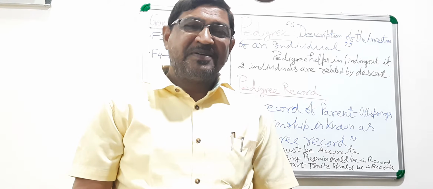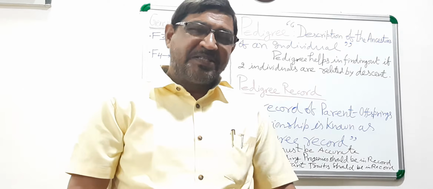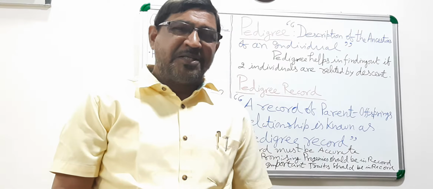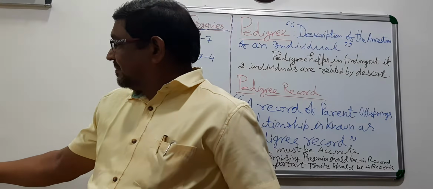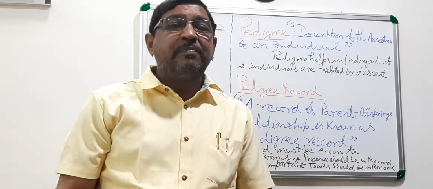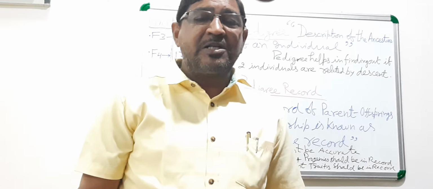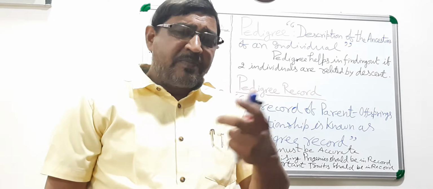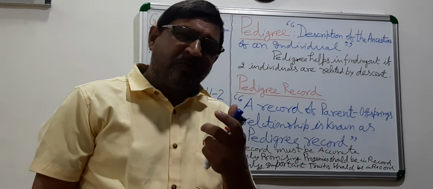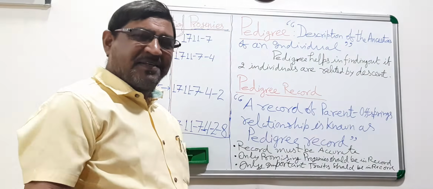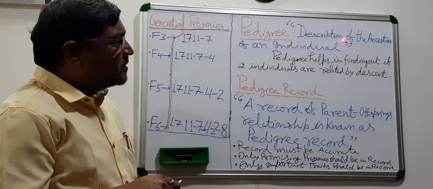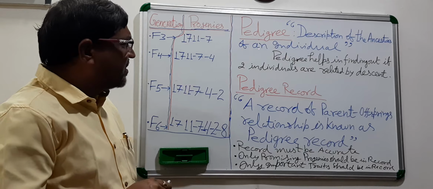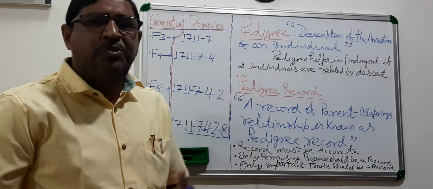So let us discuss this pedigree record, how you are preparing it, and what a pedigree record is. Everybody knows what a pedigree is. As per the definition, you can see here, it is the description of the ancestors of an individual.